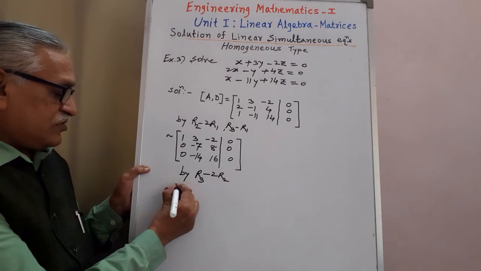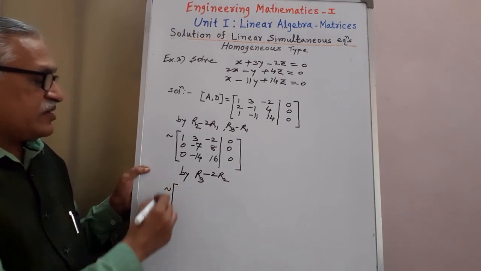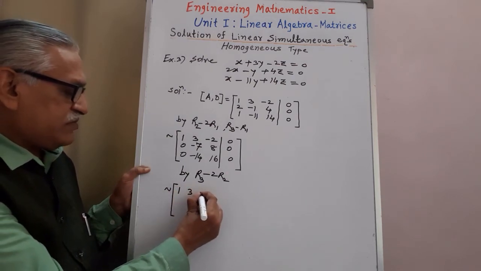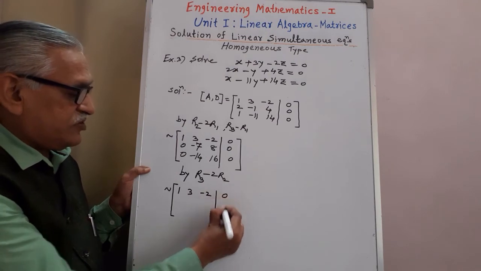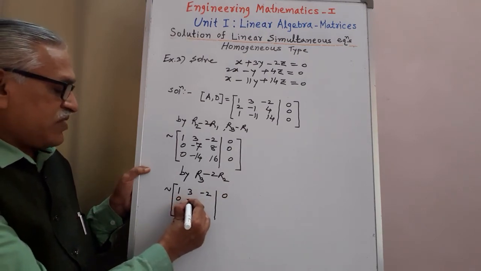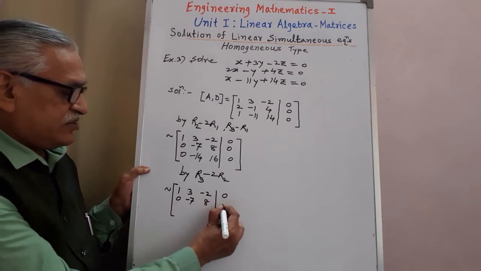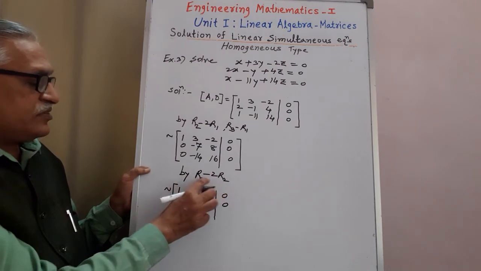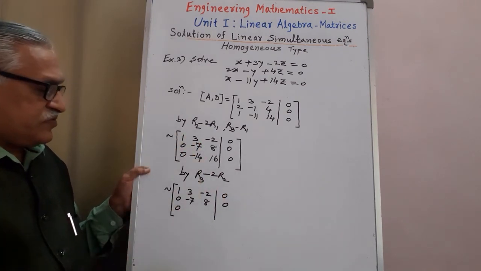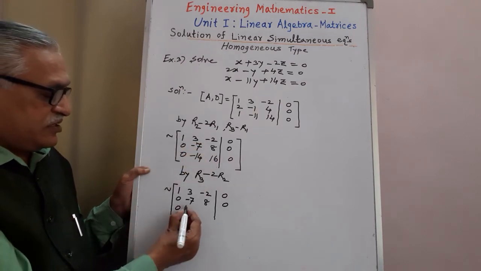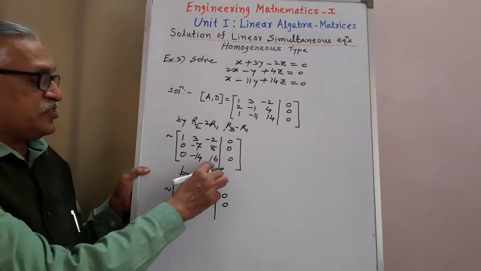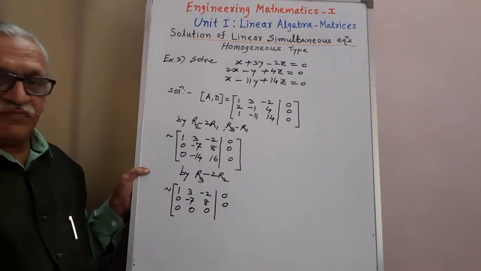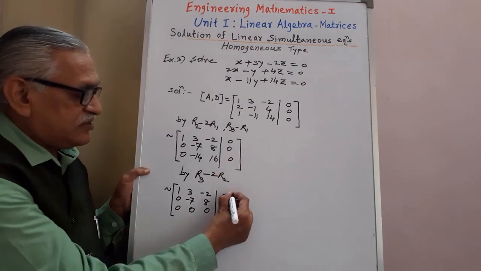And therefore we get first two rows no change, elements as it is: 1, 3, minus 2, 0, minus 7, 8, 0. Then applying this, 0 minus 2 times 0 we get 0. Minus 14 plus 14 we get 0 here. 16 minus 2 times 8 is 16 minus 16, we get here 0. And the last 0.